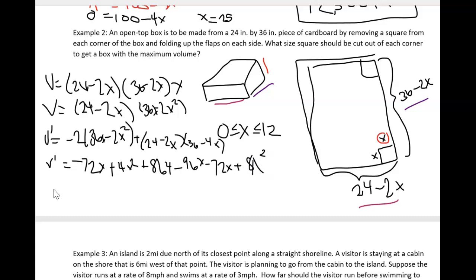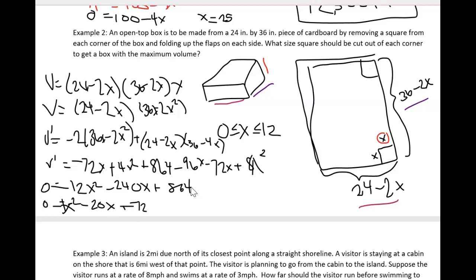Combine like terms, and then let's set this up like a quadratic equal to 0. We've got 12x squared minus 240x plus 864. Divide everything by 12, and we've got 0 equals x squared minus 20x plus 72.